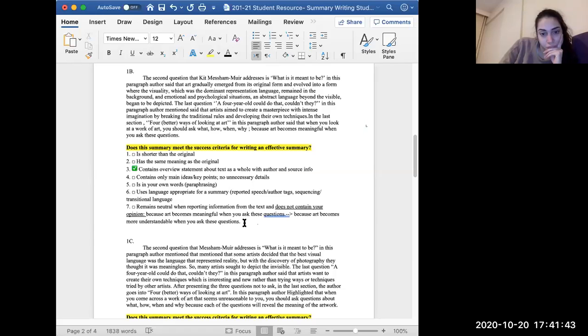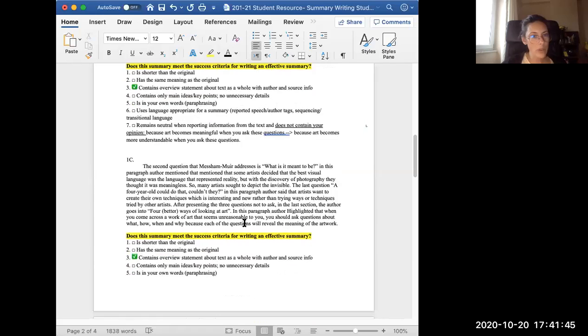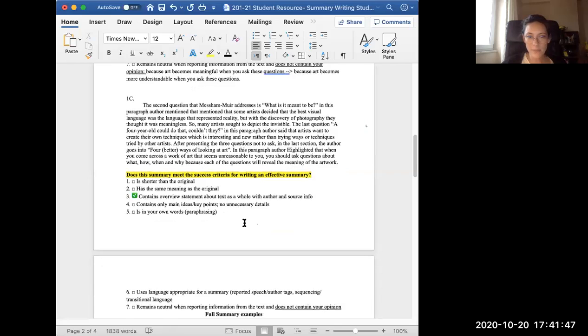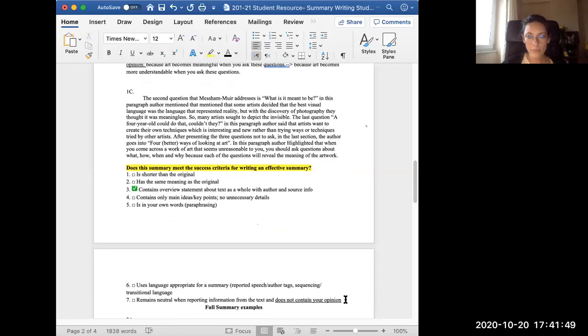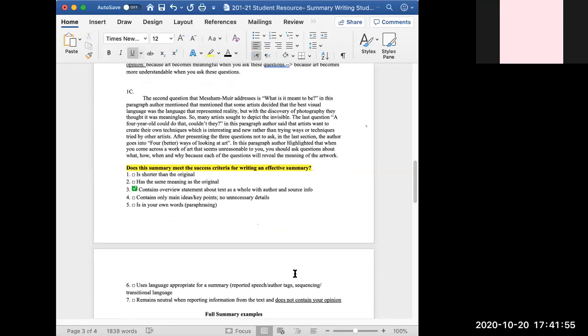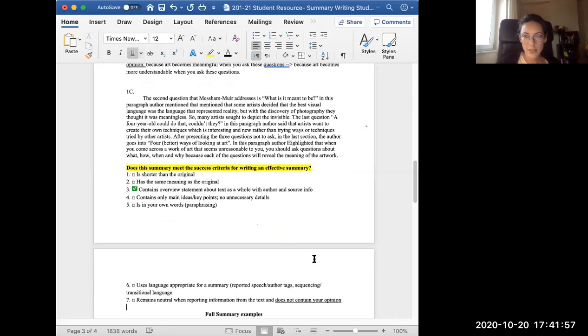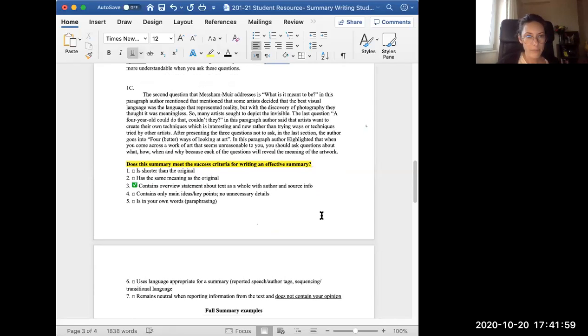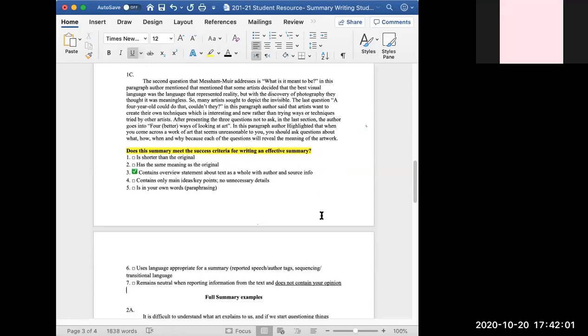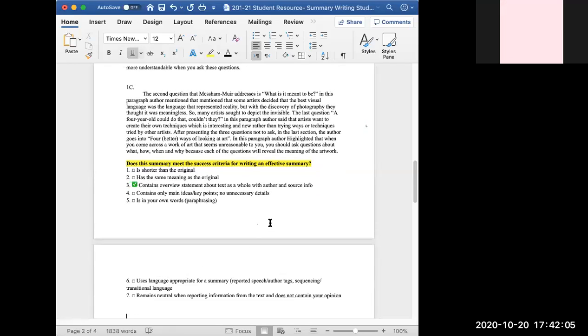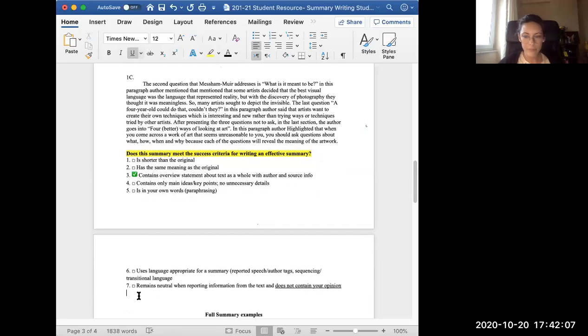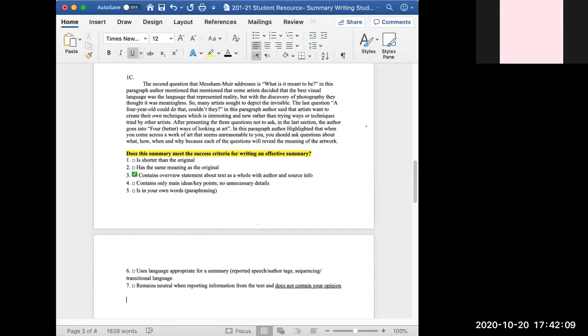Okay. Then who examined 1C? Which group? We did. Okay. Let's hear from you then. Well, we liked it overall, but we thought it could be shorter. It has the same meaning as the original.